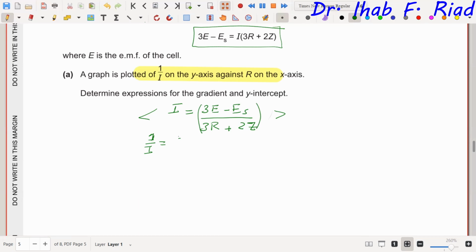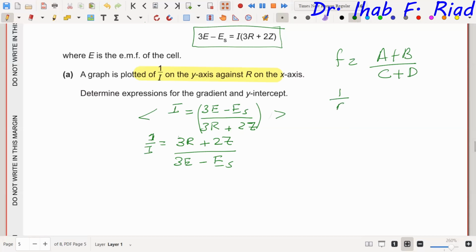It's going to be 3R plus 2Z divided by 3E minus 3S. We are just inverting it, right? If we have F equal to A plus B divided by C plus D, and we invert F, it's simply C plus D over A plus B.